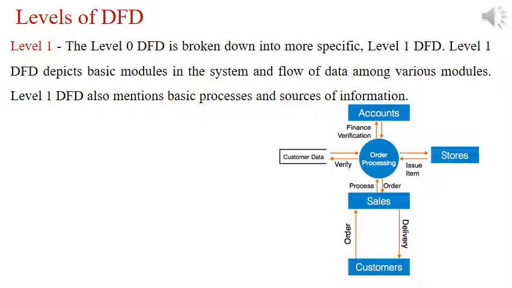So level 1 DFD also mentions some processes and sources of information, how these processes are working. So here we have an example of level 1 DFD in which we are talking about customer and accounts.